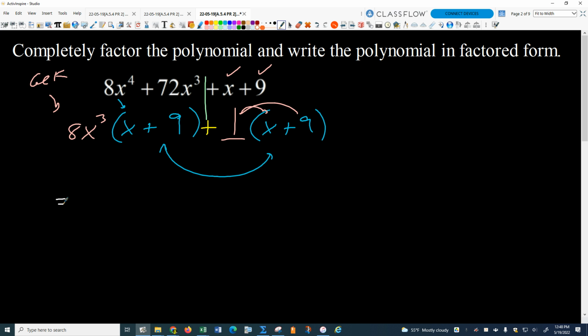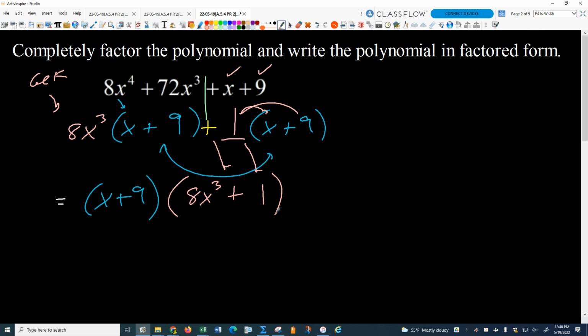The x plus 9. So I'm going to take this guy and I'm going to undistribute it out front. Okay? So that gives me x plus 9. What's left behind if I do that? Okay, 8x cubed plus 1. Yeah, everybody get that?